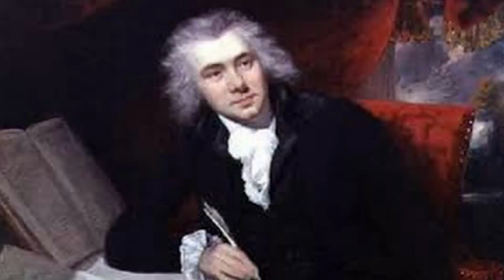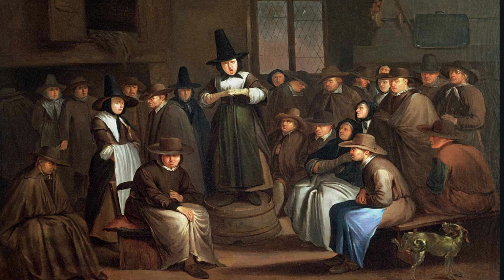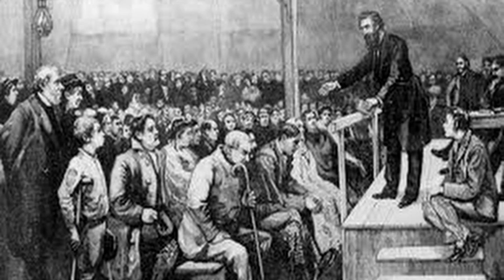A combination of factors played a role. The abolitionist movement, led by figures like William Wilberforce and Thomas Clarkson, raised public awareness of slavery's moral atrocities. Religious groups, particularly Quakers and evangelical Christians, emphasized its spiritual wrongness. Slave resistance, including rebellions like the Haitian Revolution, demonstrated the unsustainability of the system.